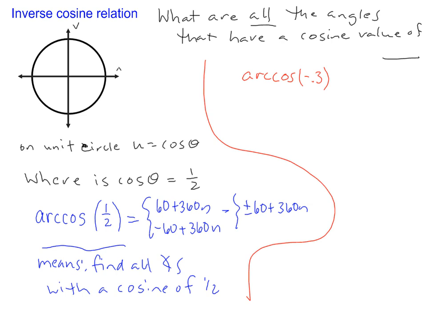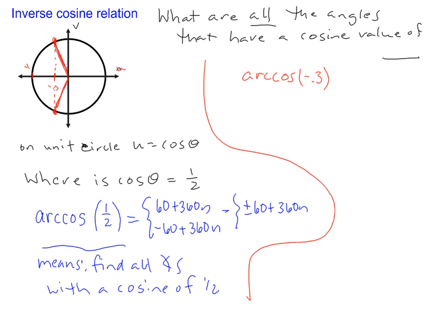So where is cosine equal to negative 0.3? So again, look, this is my u-axis, right? This is my v-axis. Where is u equal to negative 0.3? I don't know if this is negative 1 here, right? So about a third of the way, maybe like here, negative 0.3. And there are two places on the unit circle, here and here, that have a cosine of negative 0.3. Here are my terminal rays that go to those locations.